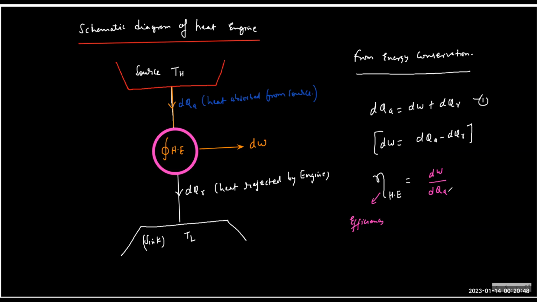Efficiency is work upon absorbed heat, so we can write it as (dQA minus dQR) upon dQA. This is the general formula for the efficiency of any heat engine. Remember that this formula is true for an engine following a reversible cyclic process or one that is not. In both cases, it is true.